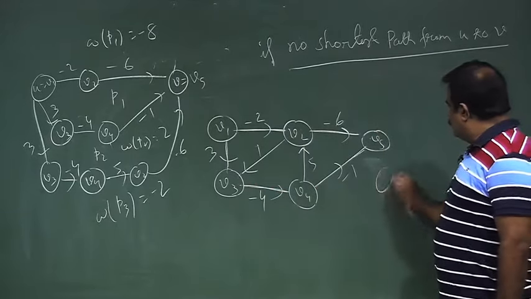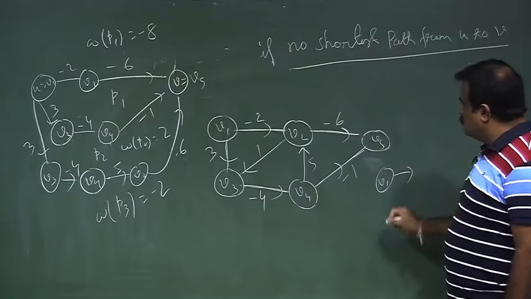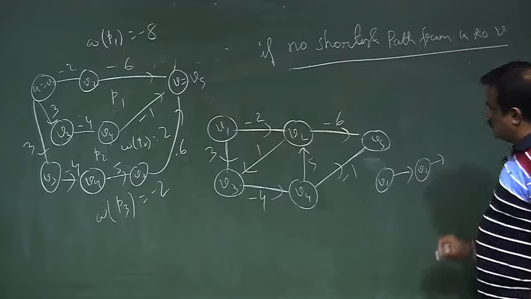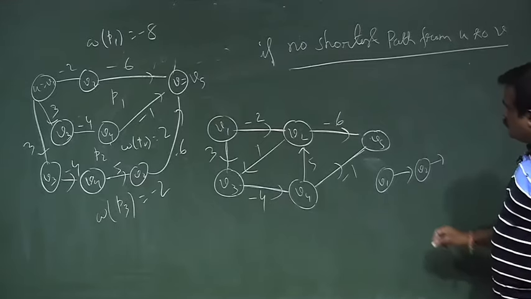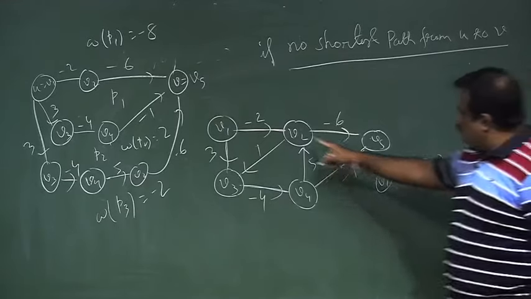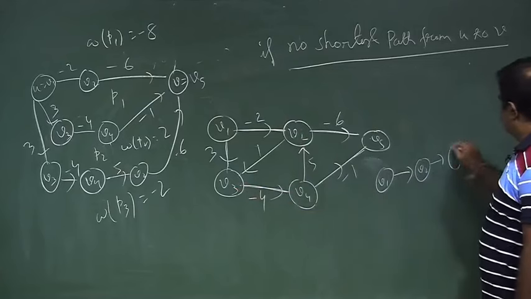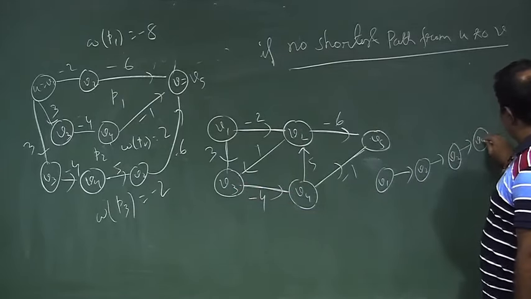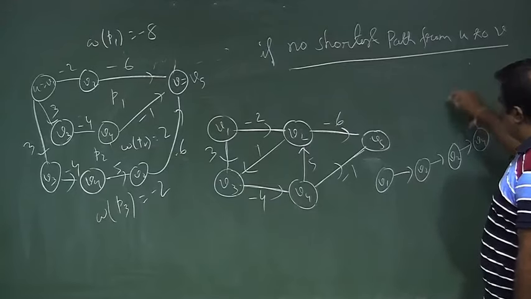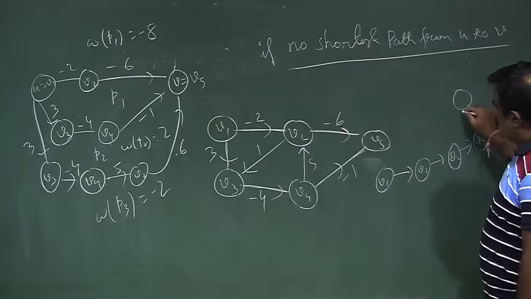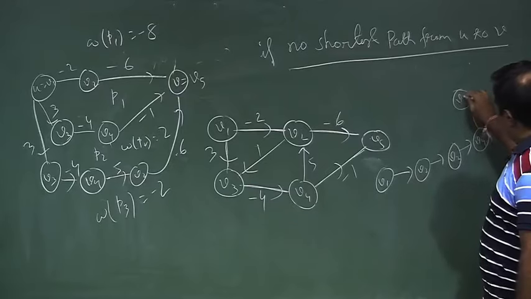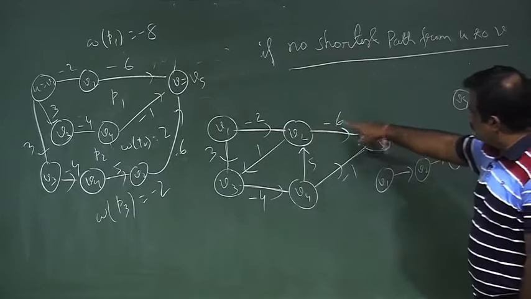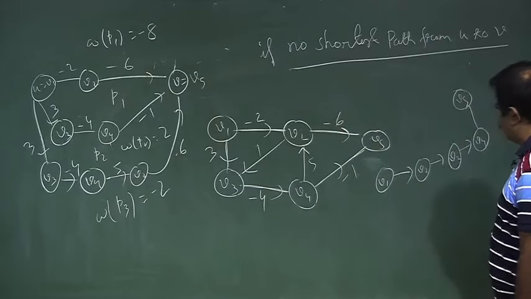So we can go from V1 to V2, V2 to V3, and V3 to V4, and then V4 to V5, because if we go again to V2, then again V6, that is -1, but still we have a -1 over here.